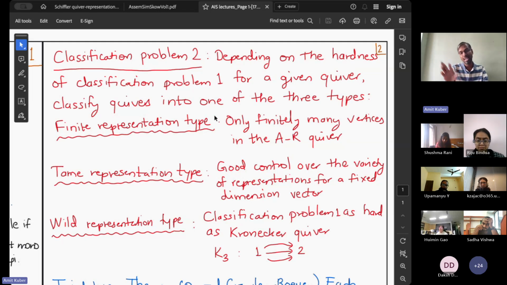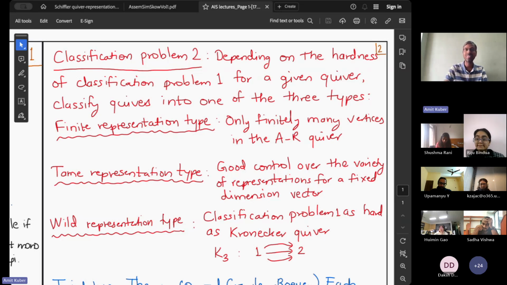Now, for quivers, Upendra has already done this job for us. What is the name of the theorem? Gabriel's theorem. So he already classified them into these 3 types. So they have only finitely many vertices in the AR quiver, which translates to only finitely many indecomposables up to isomorphism. So this classification problem 2 is based on counting. He showed you that for quivers, this is precisely the ADE type quivers.